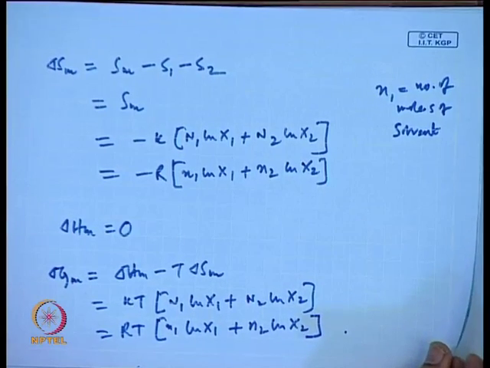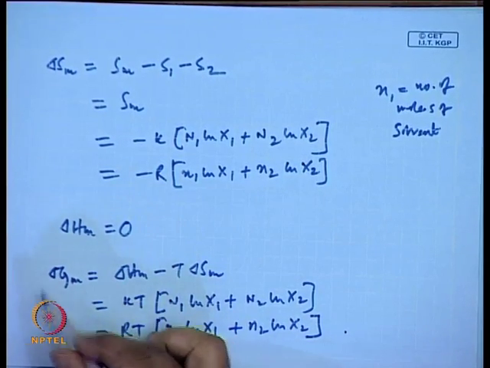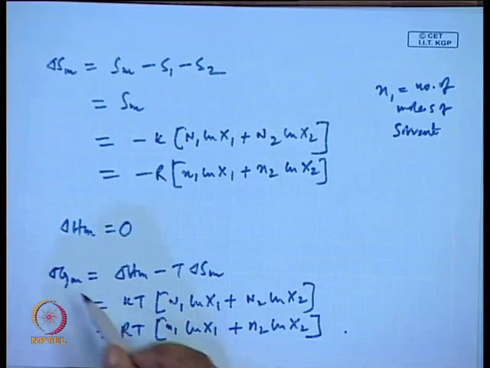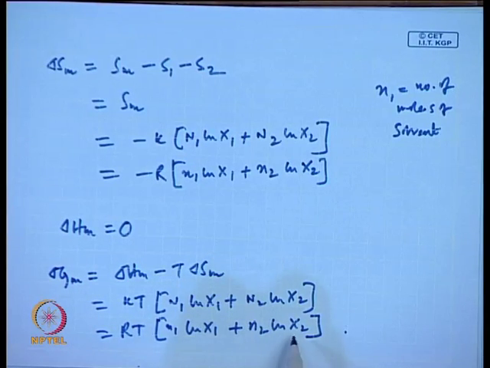Okay. So, this is your expression for the Gibbs free energy of mixing. This is the mole fraction for solvent, this is for solute, this is the number of moles for solvent, and this is the number of moles for the solute.